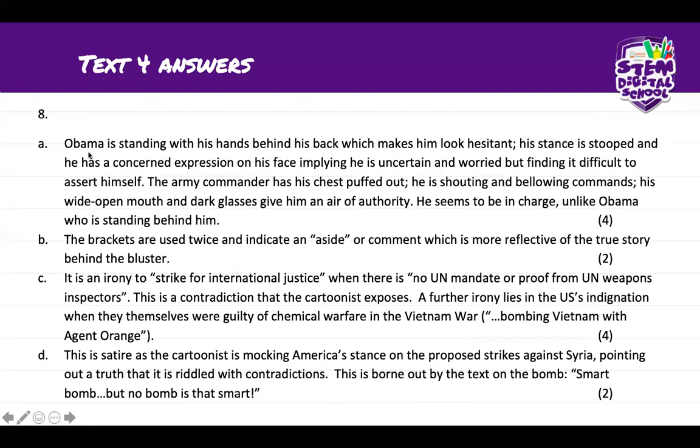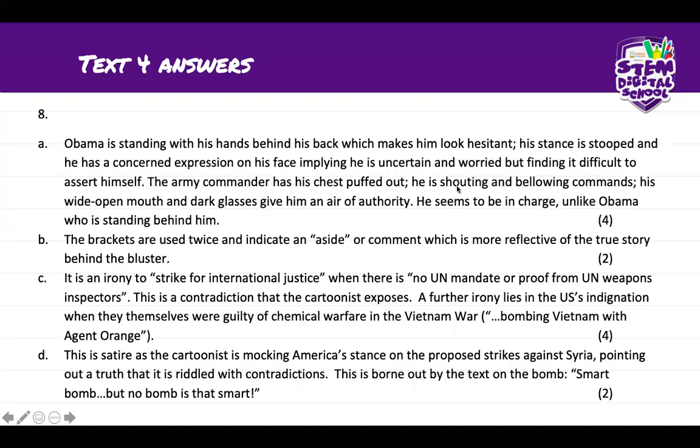Here it says, Obama is standing with his hands behind his back, which makes him look hesitant. His stance is stooped and he has a concerned expression. Can you see this? A concerned expression on his face, implying he is uncertain and worried, but finding it difficult to assert himself. The army commander has his chest puffed out.